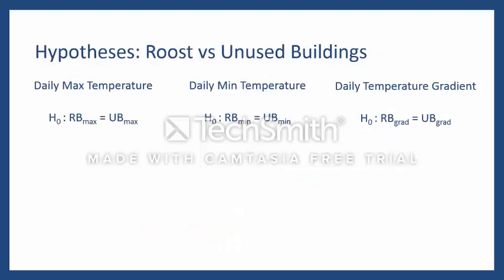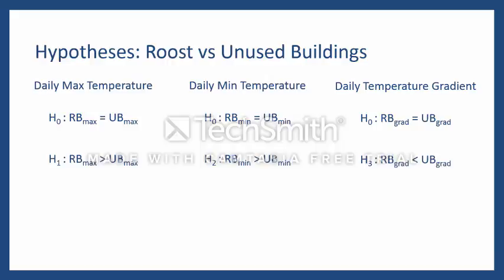So the second set of hypotheses, I was comparing roost buildings and unused buildings, so it's a different kind of pairing, but the statistical method still makes sense in this case. So again, I have 3 nulls for my maximum, minimum, and temperature gradient. And the nulls are that there is no difference between roost and unused buildings.